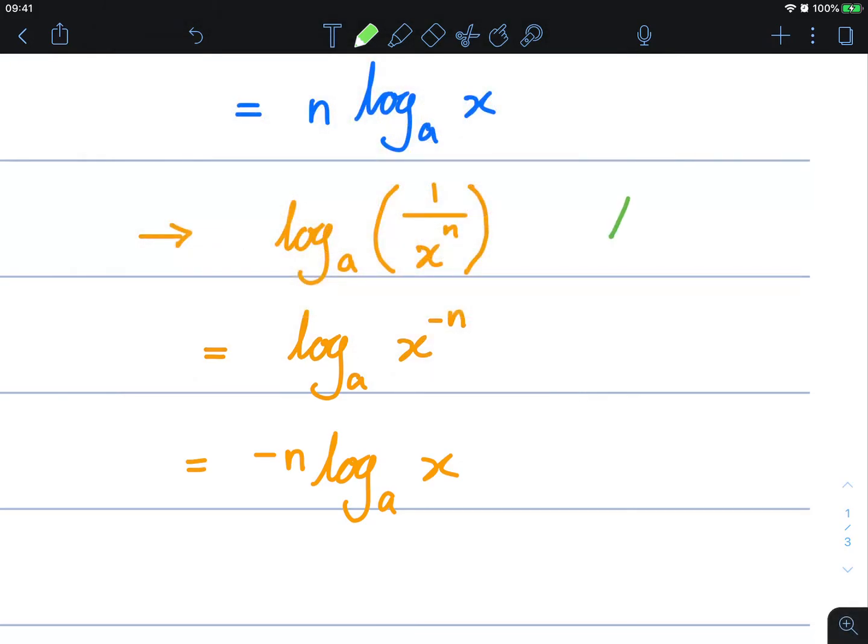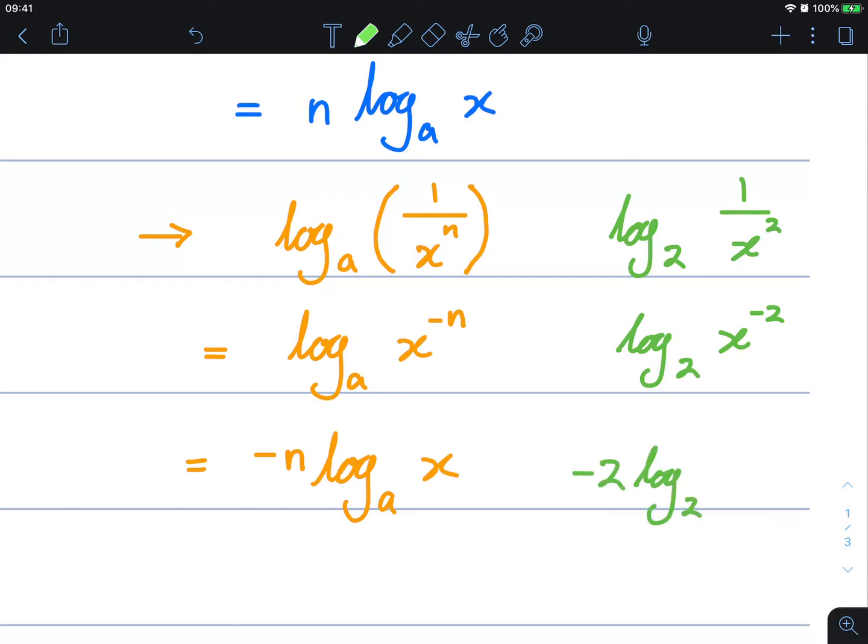So let's say I had log base 2 of 1 over x squared. This is the same as log base 2 of x to the power of negative 2. And this becomes negative 2 log base 2 of x. Okay, so I hope you see the comparison between the two.